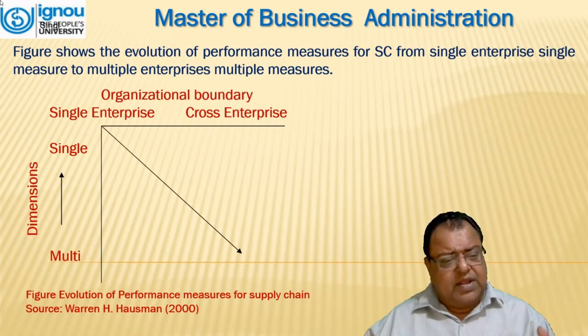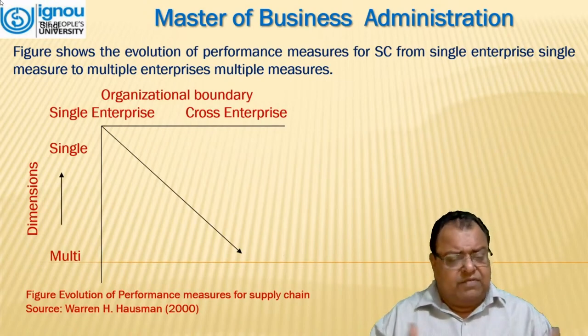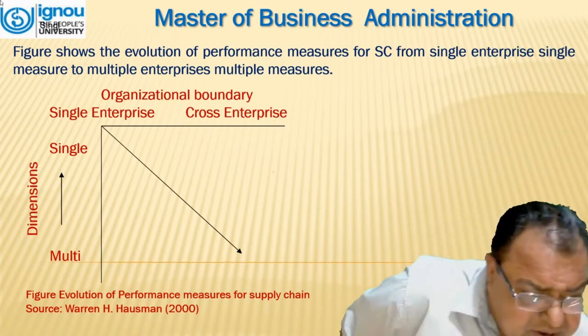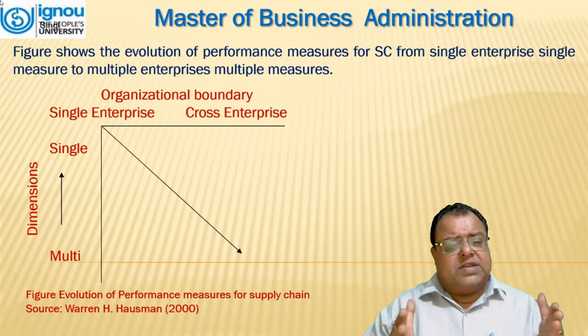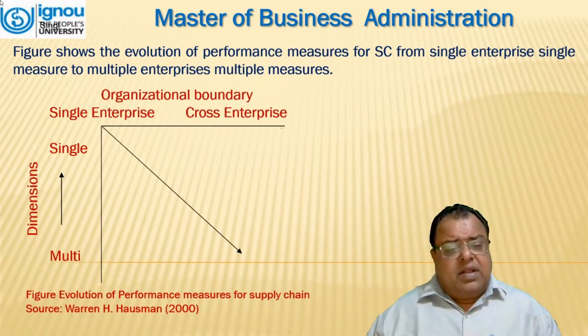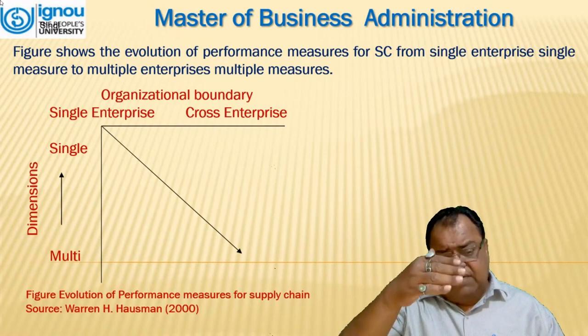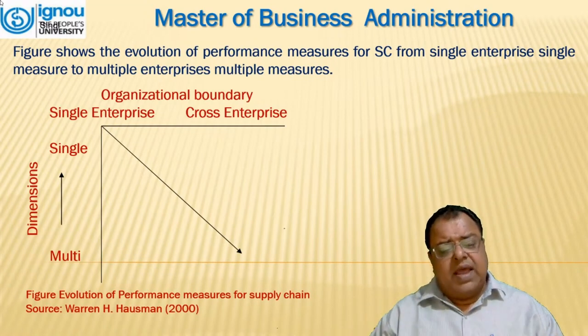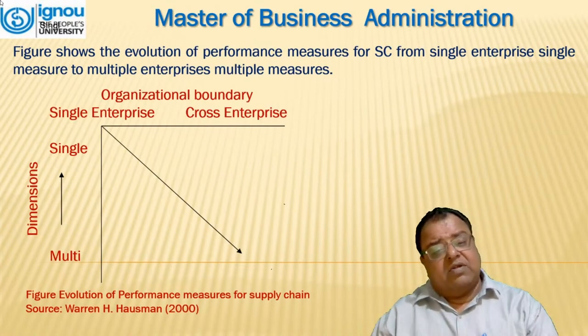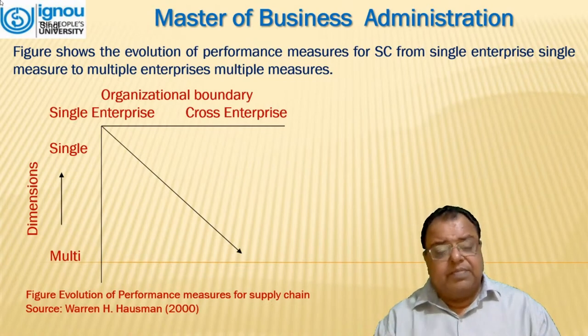This is basically a graph of the relationship between dimensions and organization. And this graph is coming down as the number of enterprises increases and cross enterprises also increase.